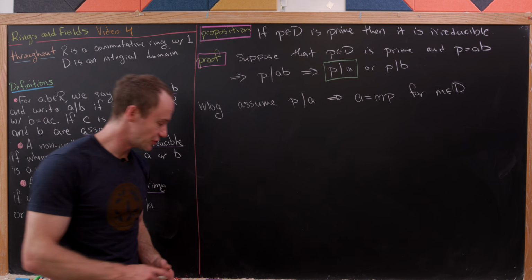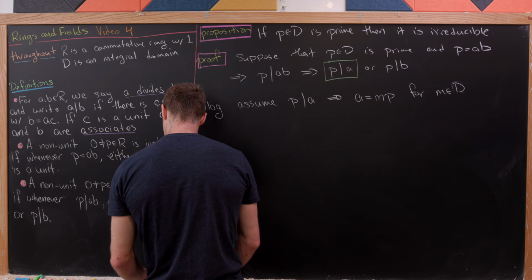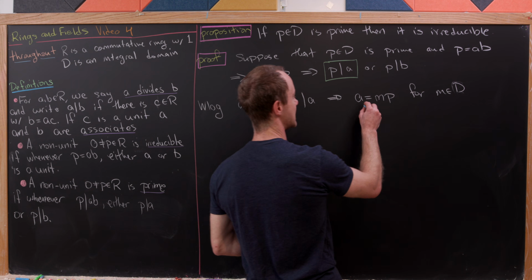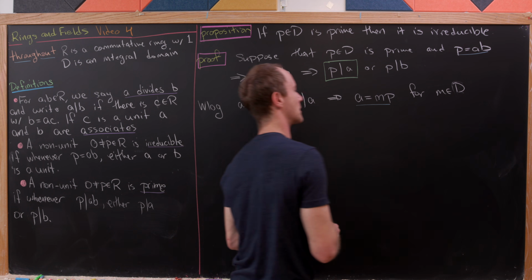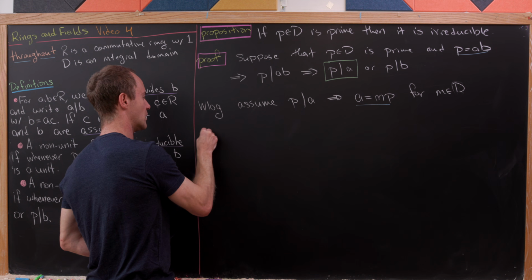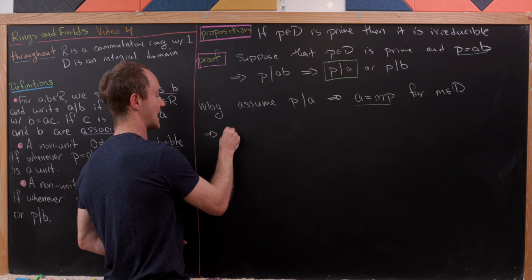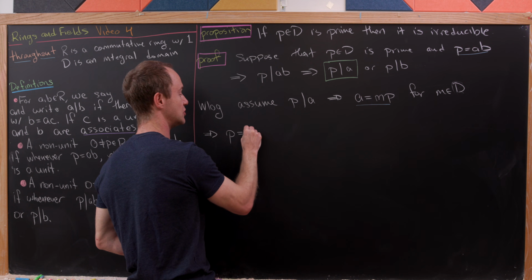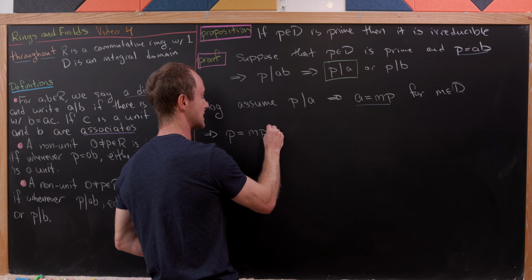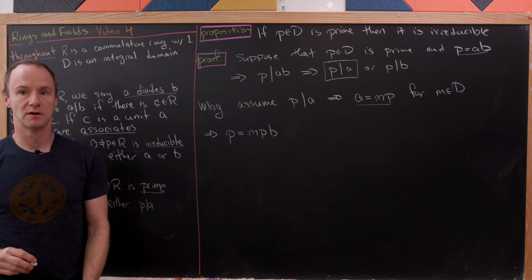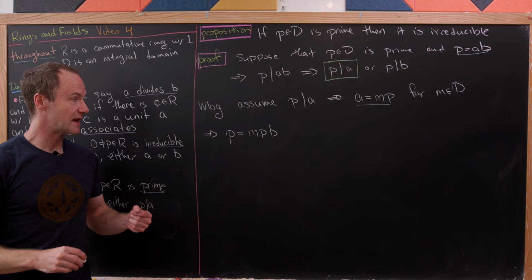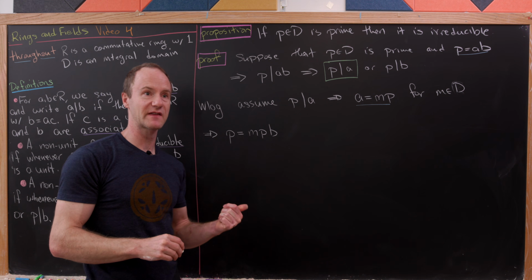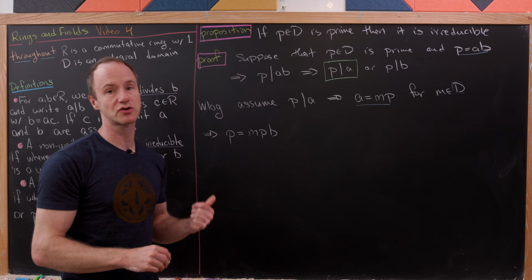Now what we can do is put this equation for a back into the equation up here for p. So we have p is equal to m times p times b. Now we can use the fact that we have cancellation within an integral domain.